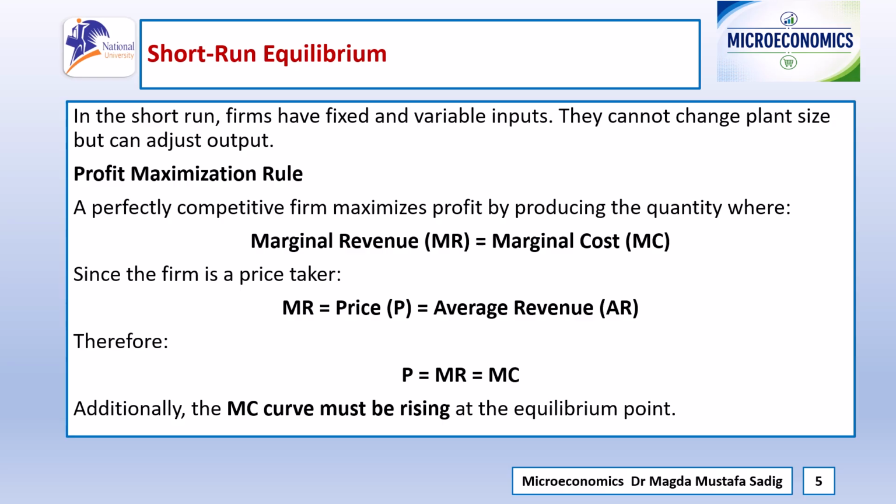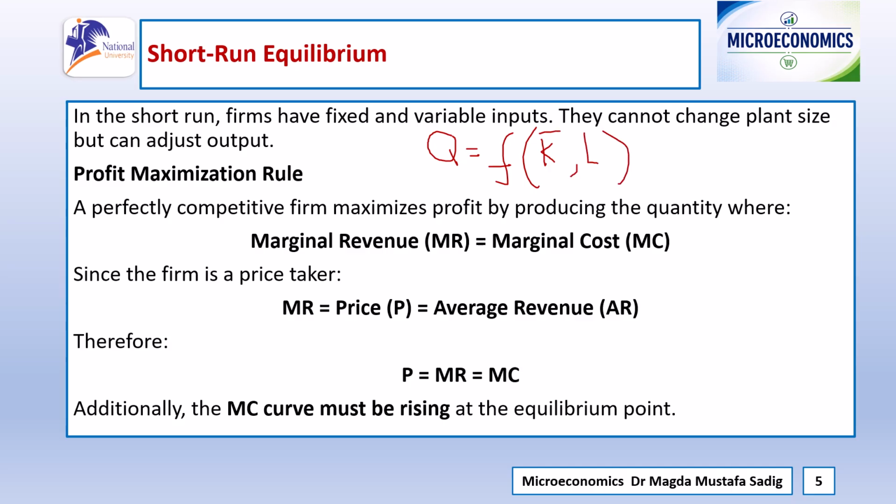Profit maximization rule. Let me go back to the short run and the idea of the fixed and variable inputs, where the quantity produced is a function of, for example, K, capital, which means machines, and L, which means workers.